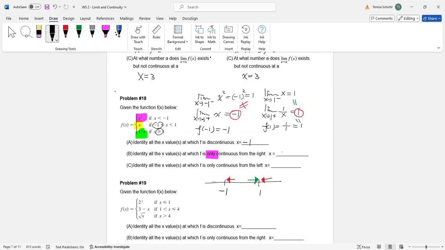When I do it from the left, it's not, because the limit does not exist. So 1 is continuous from the right and continuous from the left. -1 is only continuous to the right. So I don't have any point that is only continuous to the left.